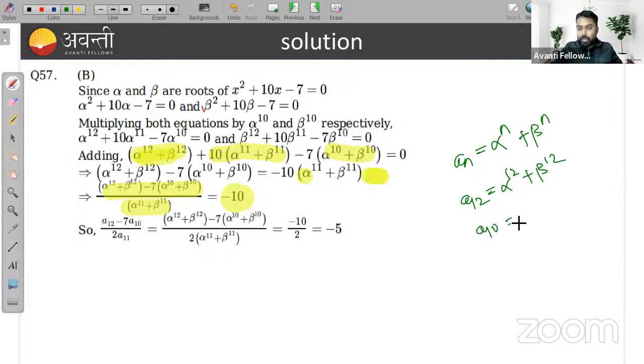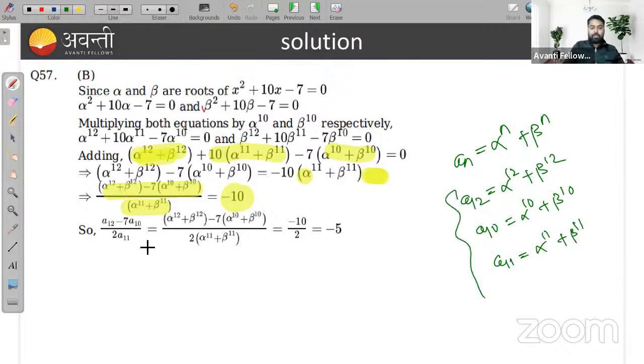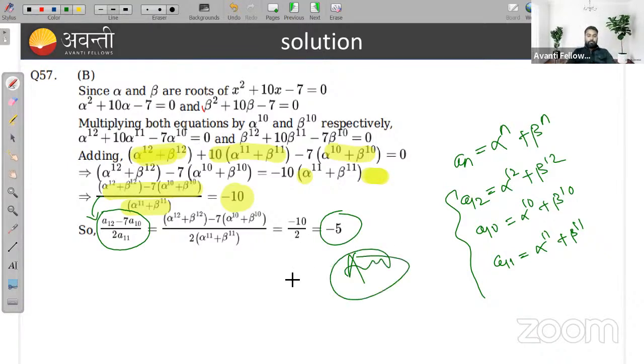So A10 becomes alpha to the power 10 plus beta to the power 10. And A11 becomes alpha to the power 11 plus beta to the power 11. So by substituting all these values, this side becomes A12 minus 7A10 upon 2A11 is equal to this, which is equal to minus 10 upon 2, which is minus 5. So this is your answer.